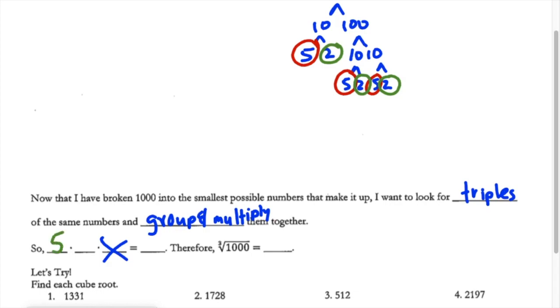Let me actually erase that and give it the right color. So I have 5 times 2 from my triple there. Okay, and that's going to give me my answer of 10. So therefore the cube root of 1,000 is 10.